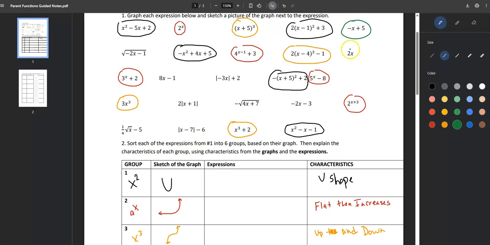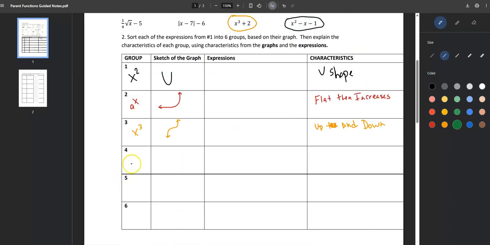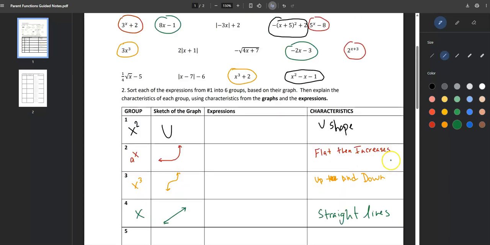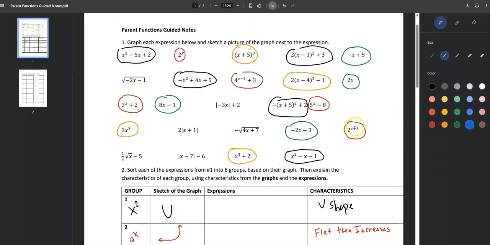Let's look at anything with x to the first power, which are going to be all these in green right here. And so this fourth group would just be x. These are going to form straight lines. So these are, again, straight lines, people. No curve at all within those ones. Again, our fifth group, we'll do anything with a root on it.